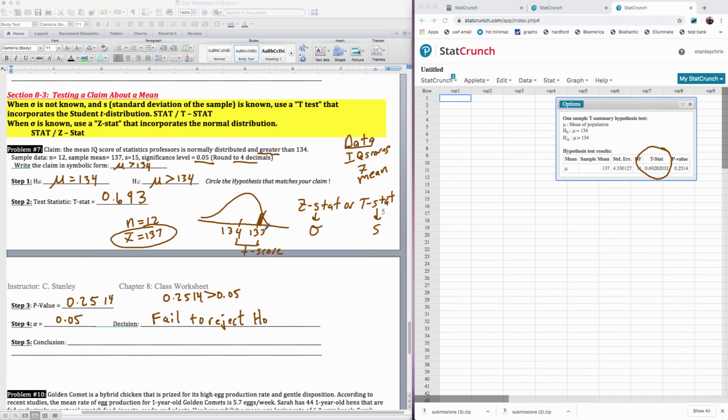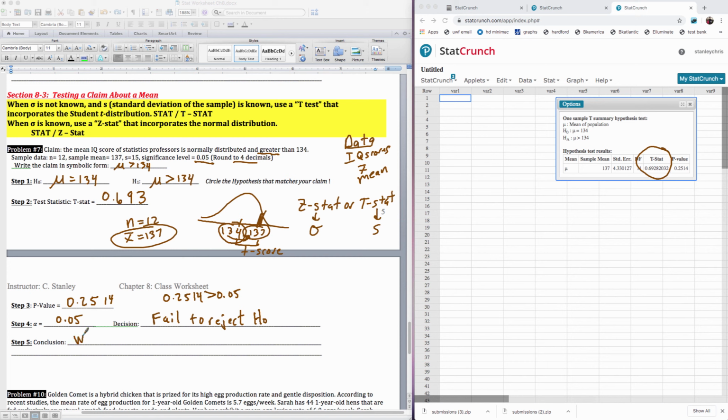So basically they're saying that this 137 was not far enough ahead of the 134 to say that it's greater than 134. Remember, the 134 is about all professors. The 137 is about the 12. So we're trying to use the results from 12 to say all professors are greater than 134. In this case, the results from the 12 were not enough to say that the true average of all professors is greater than 134.